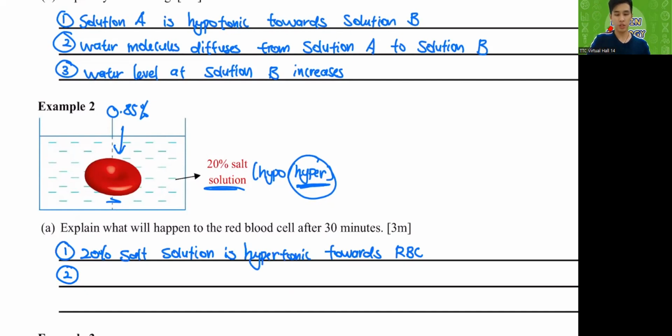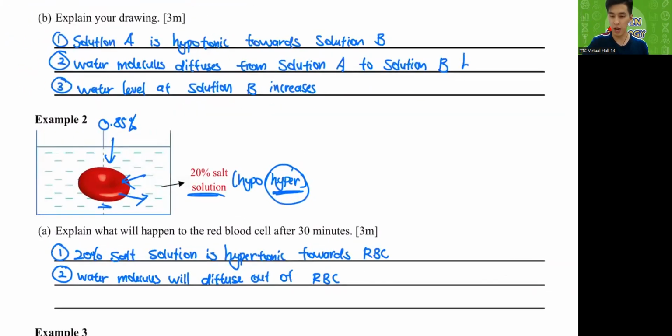Water go in or out? Water will always go to hyper, right? Hypo to hyper. So water molecules will diffuse out of the cell. Oh, just now I forgot to say here by osmosis. Don't forget to say osmosis.